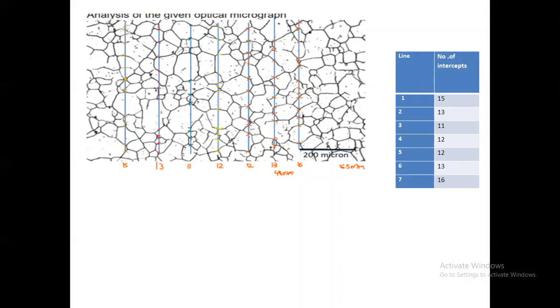So 16.5 mm of the scale bar is equal to 200 microns. Next we are going to find the ASTM G number and the average grain length.